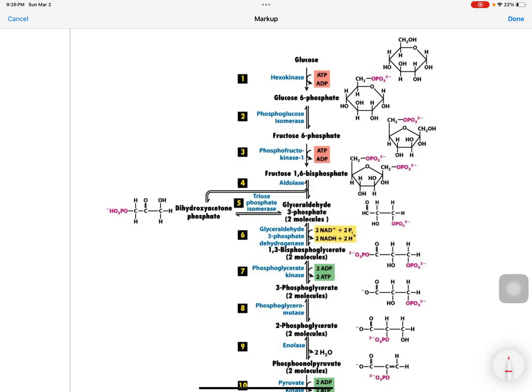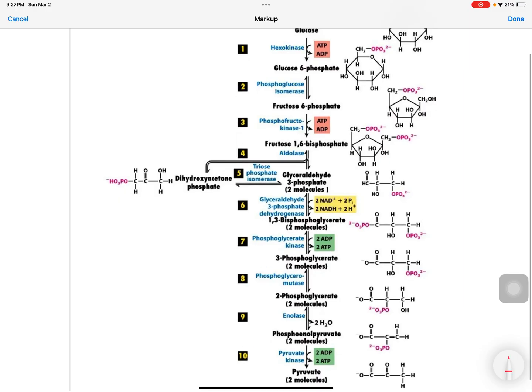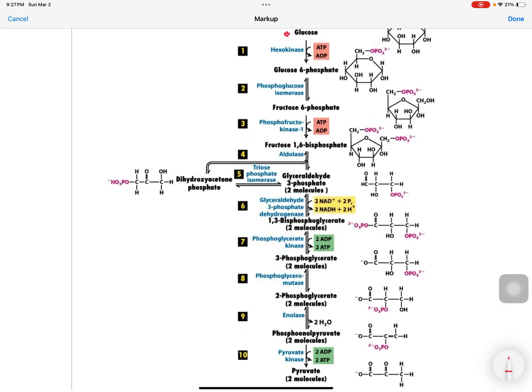Glycolysis is a 10-step biochemical pathway that you see in this image that takes place in the cytoplasm of the cell, in all cells, from the simplest to the more complex, from a bacteria to a human cell, and involves breaking down one glucose molecule.